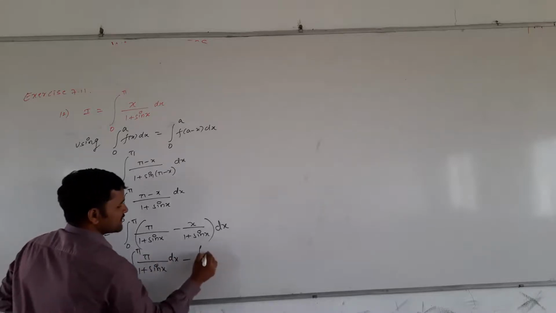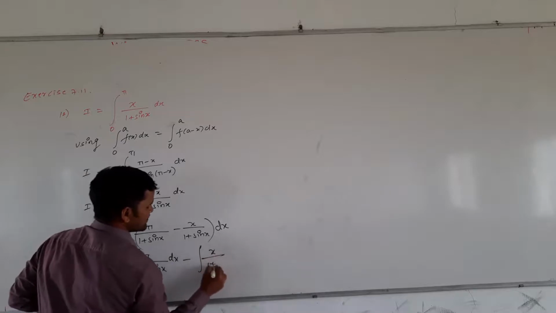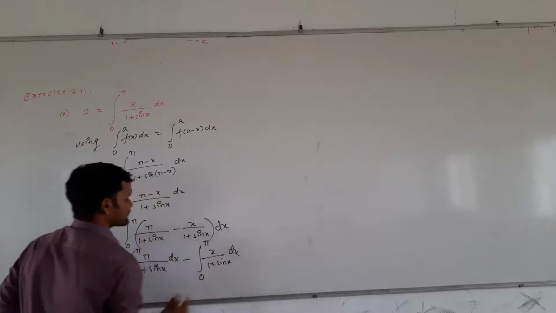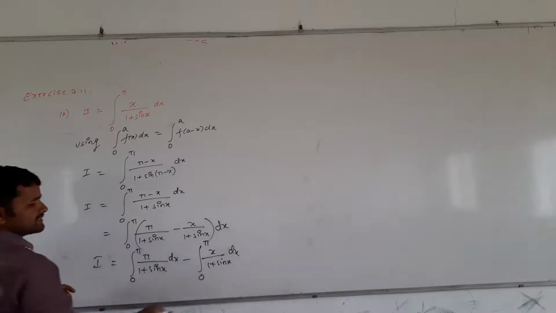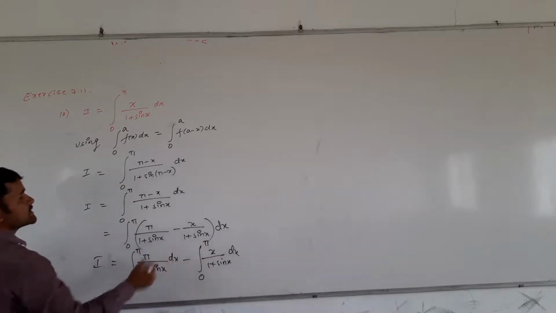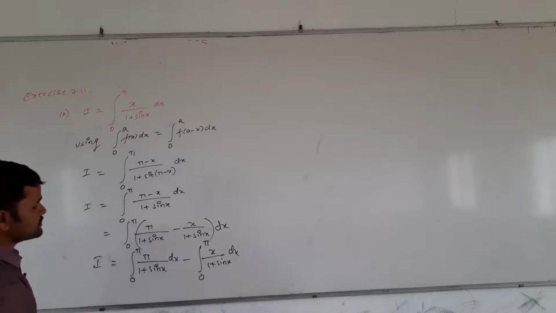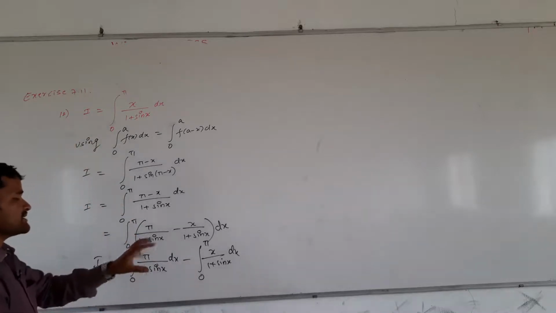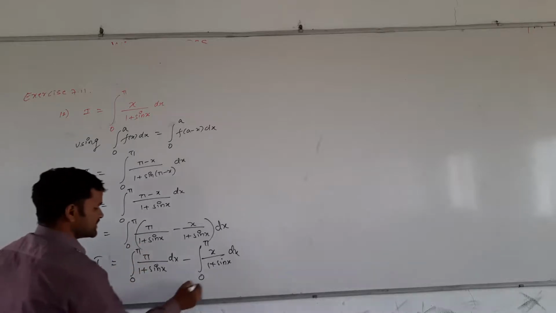Second one is integration of x by 1 plus sin x into dx from 0 to pi. Second integral, you observe, is same as the given problem, that is taken as I. So this becomes I.